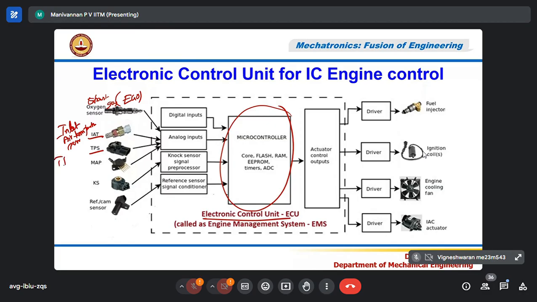TPS is throttle position sensor. MAP sensor is manifold absolute pressure sensor. KS means knock sensor. And cam position sensor.